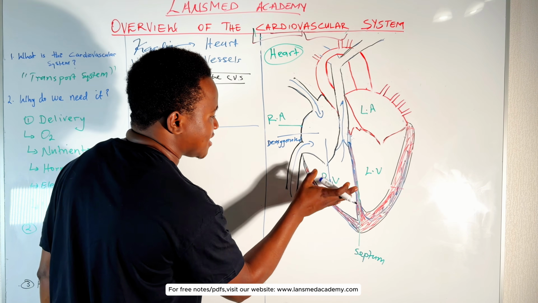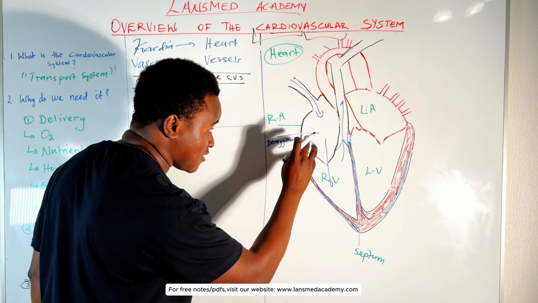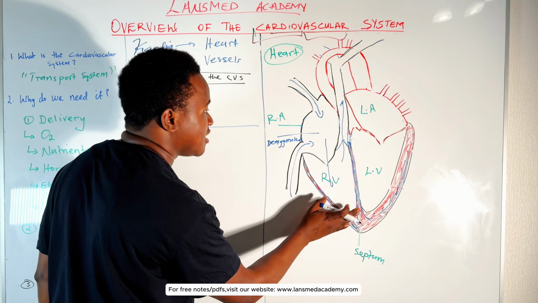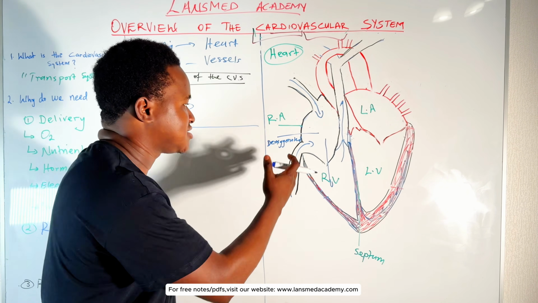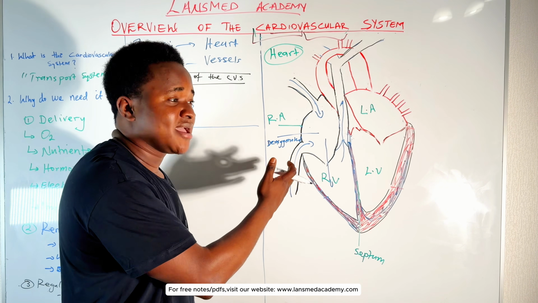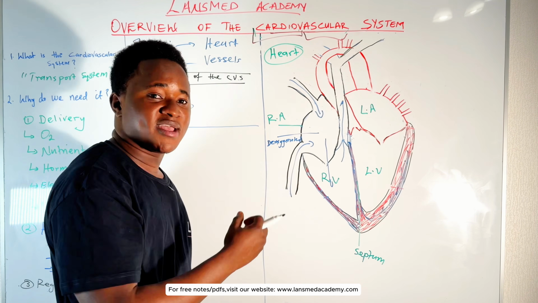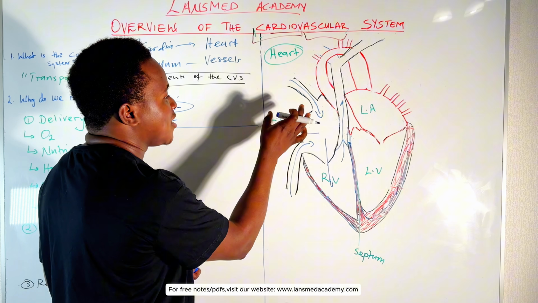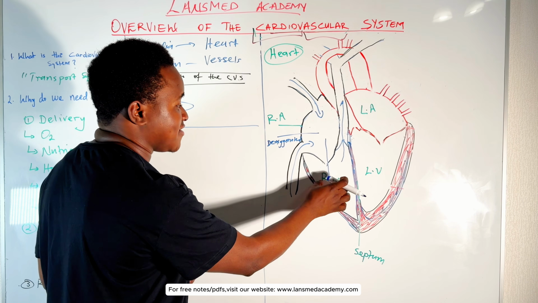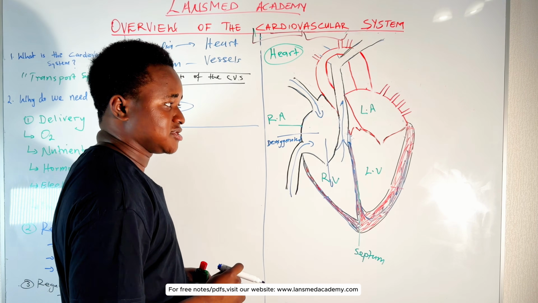So just understand that the right ventricle is pumping the deoxygenated blood that is coming from the systemic circulation and is sending it to the lungs. Why? Deoxygenated blood has carbon dioxide, and in the lungs you are breathing in oxygen. So this blood is going there to get that oxygen and give off the carbon dioxide. This is basically what the right atrium and the right ventricle do. They receive the blood from the systemic circulation and send it for oxygenation.